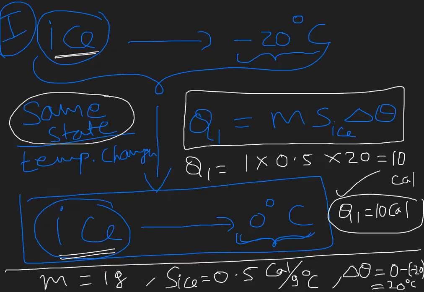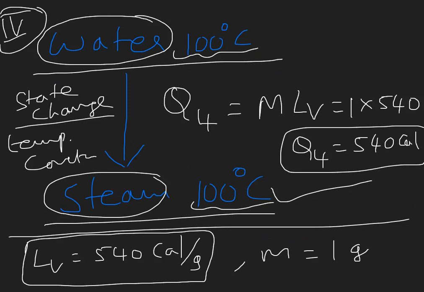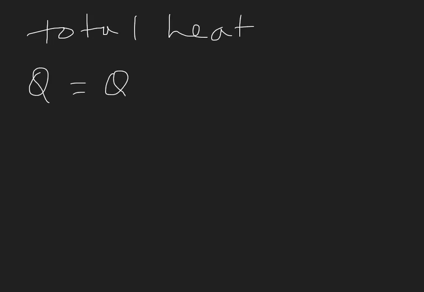From where did I start my journey? From ice at minus 20 degrees centigrade to steam at 100 degrees centigrade. I reached the target. So what is the total heat now? Total heat Q is equal to Q1 plus Q2 plus Q3 plus Q4.